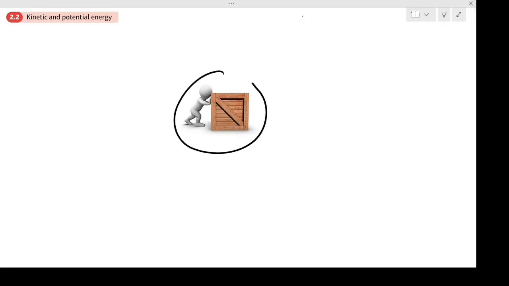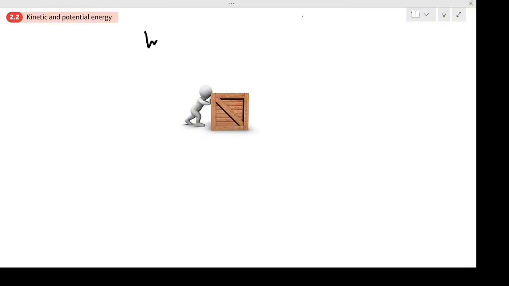So I've got this example here. We looked at work done, which is basically the energy we use to push or move an object forwards, right?